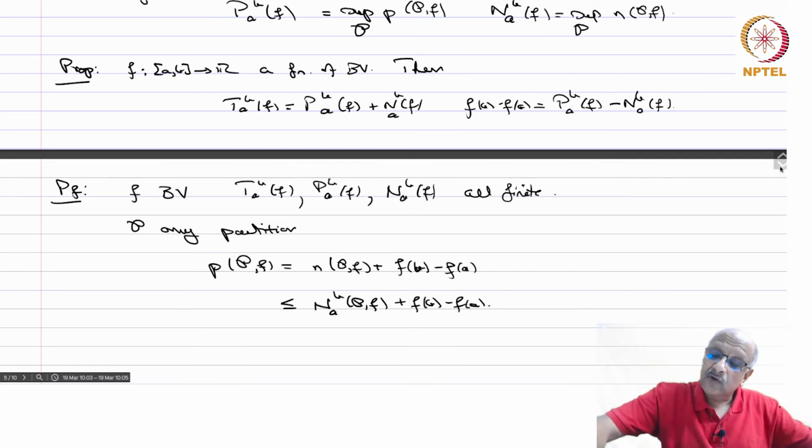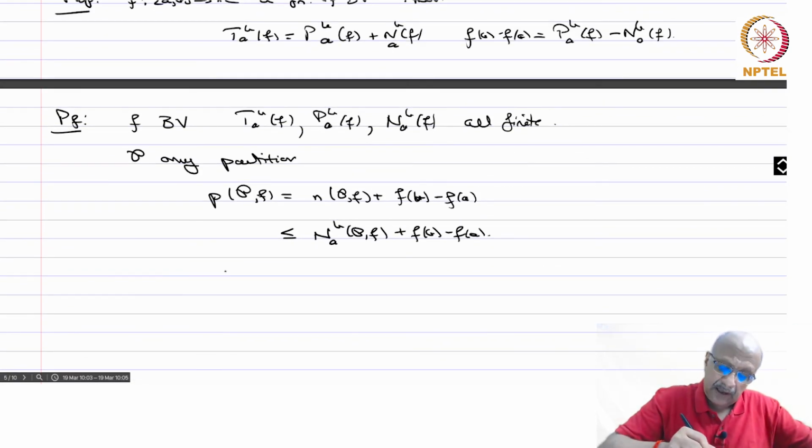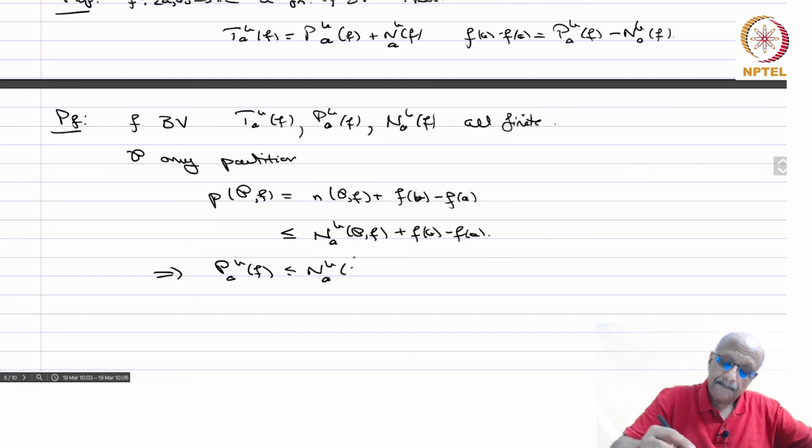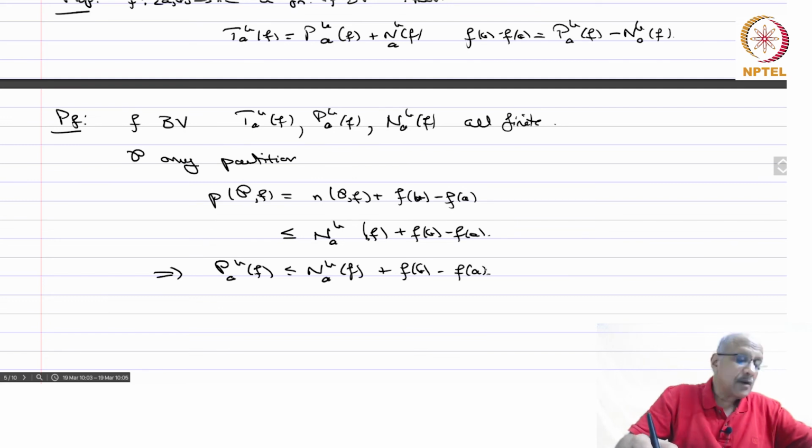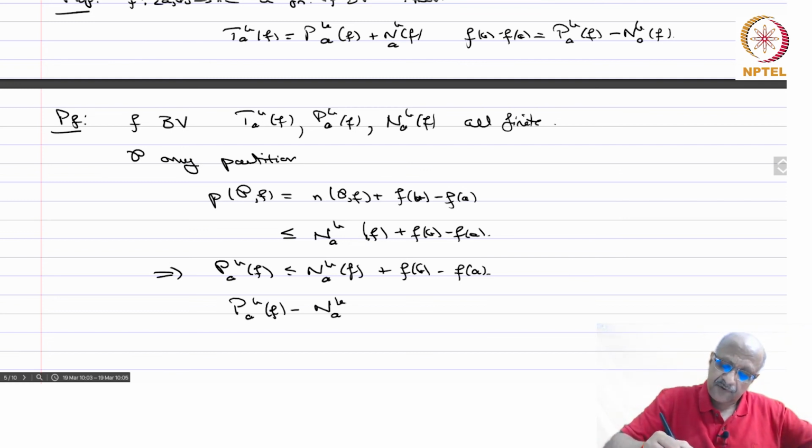And now you can take the supremum over all partitions for P, and that will imply that P_a^b(f) is less than or equal to N_a^b(f) plus f(b) - f(a). Now we do the same thing. So you get that P_a^b(f) - N_a^b(f) is less than or equal to f(b) - f(a).